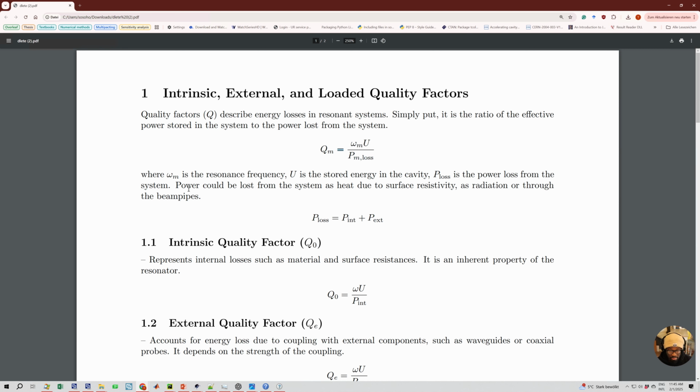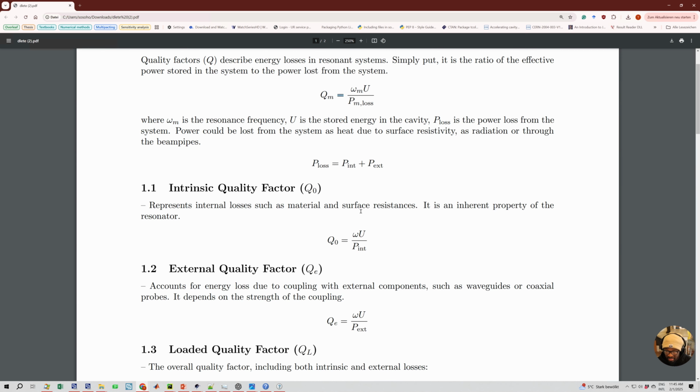Now, the power loss could be from the system as heat due to the surface resistivity of your system, or as radiation through the beam pipes.